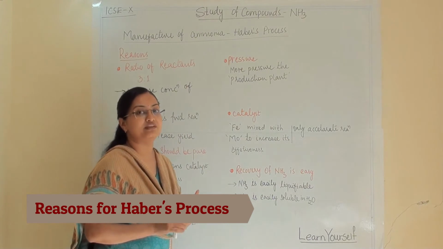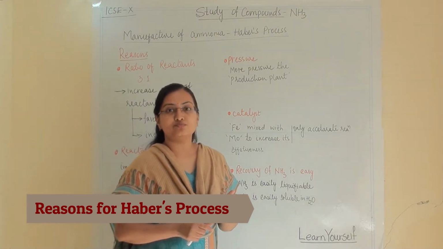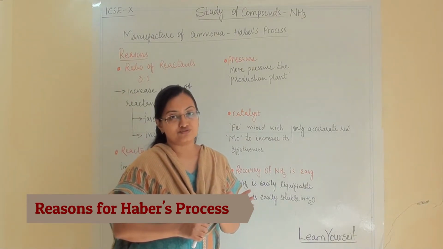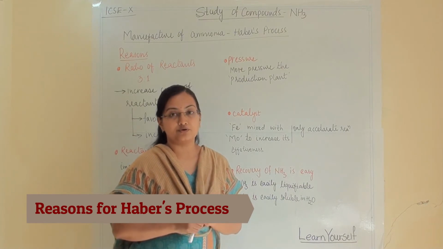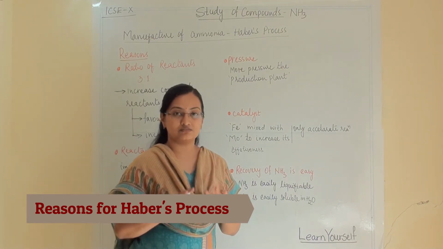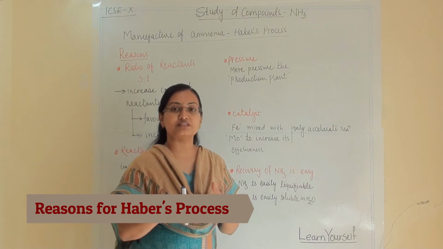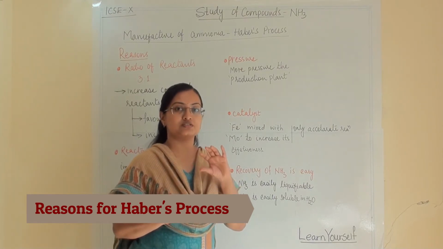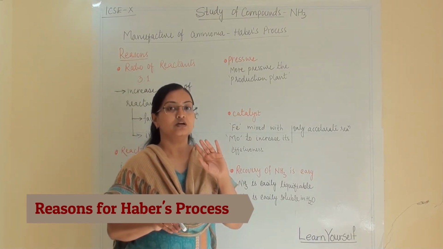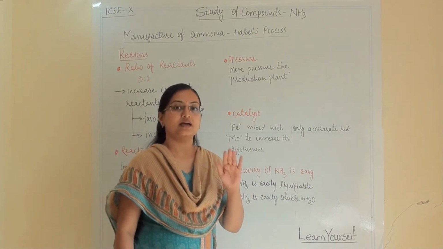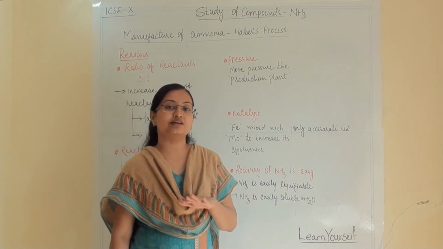In that we have taken 1 volume of nitrogen gas and 3 volumes of hydrogen. That reaction is reversible. We have performed it at certain pressure and certain temperature. We have taken iron as catalyst and molybdenum as a promoter.